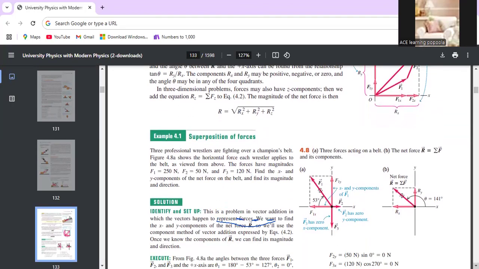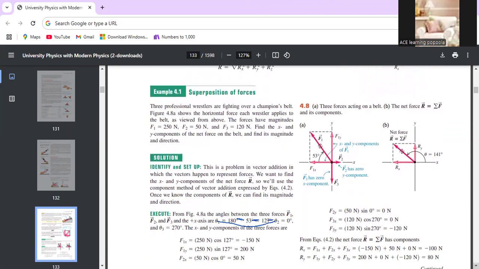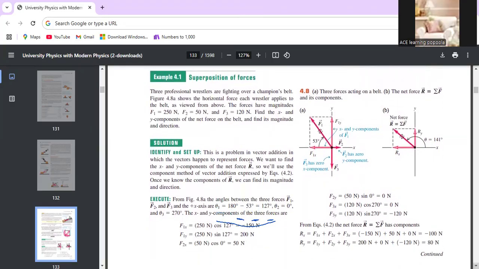Now, let's look at an example. Superposition of forces. We have an example on the screen. Three professional wrestlers are fighting over a champion's belt. Okay, this is the figure showing it.